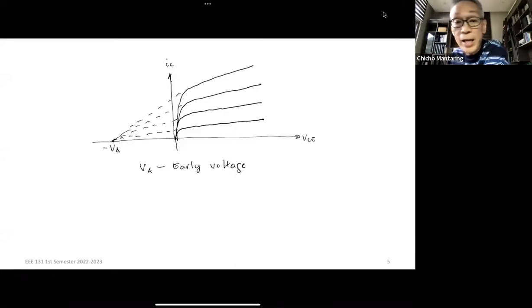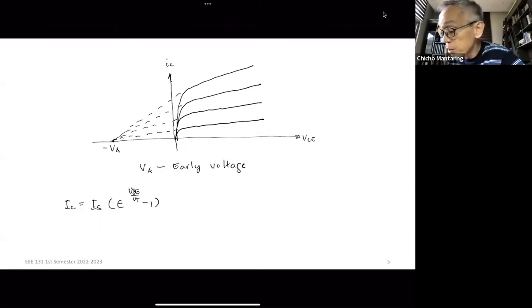Okay, so how do we now take into consideration the early effect in our model? So we said that I sub C is equal to I sub S e to the VBE over V sub t minus 1. We are going to multiply this by a factor which will take into consideration the increase in I sub C with respect to increasing VCE.